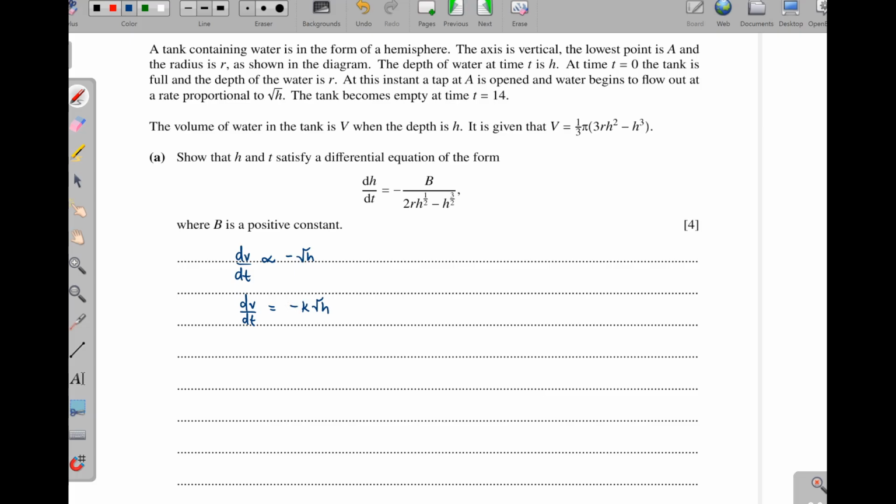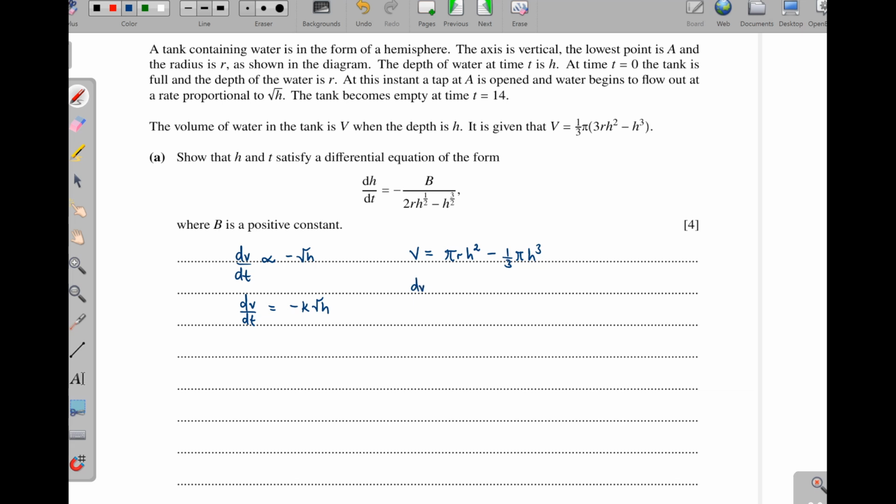Then from there, we are also given V, which is equal to, we have something here. If I multiply out everything, the 3 here will cancel with that 3, and then we get pi r h squared, then minus a third pi h cubed.